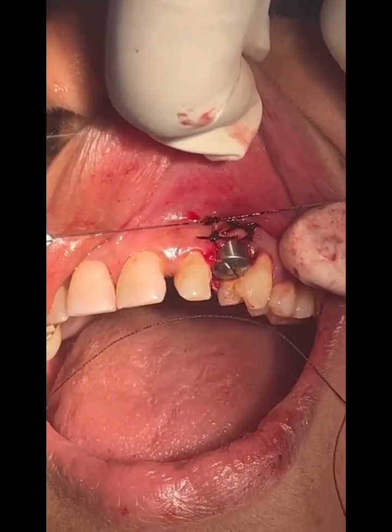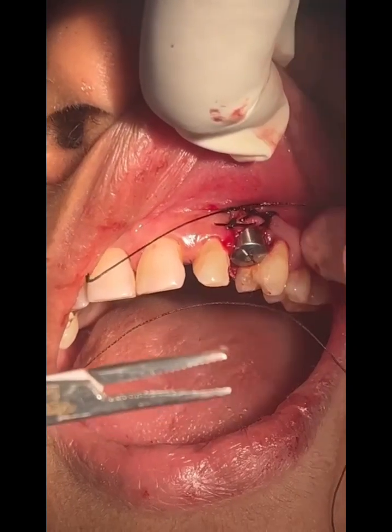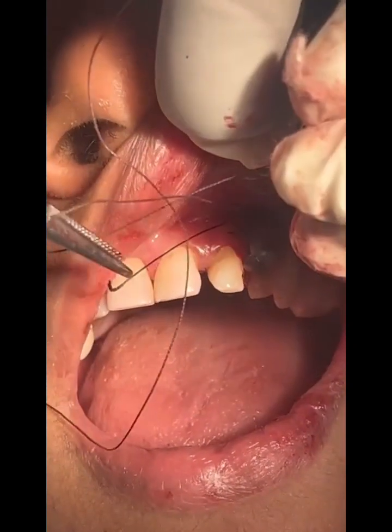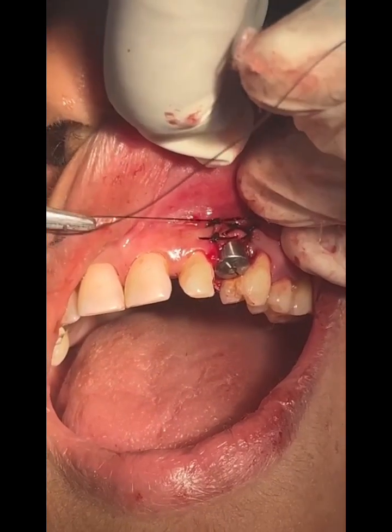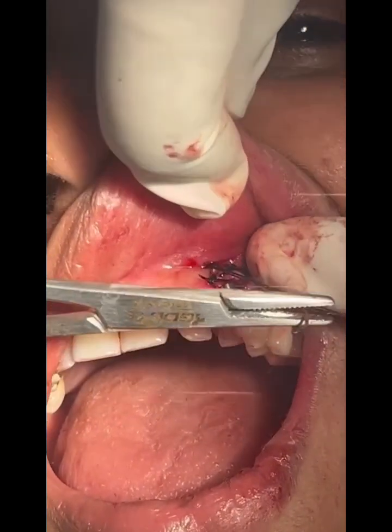So a vertical incision left without suturing is hindering its blood supply. So giving as many sutures as possible to make it a primary healing is a vital thing in these kinds of surgeries.